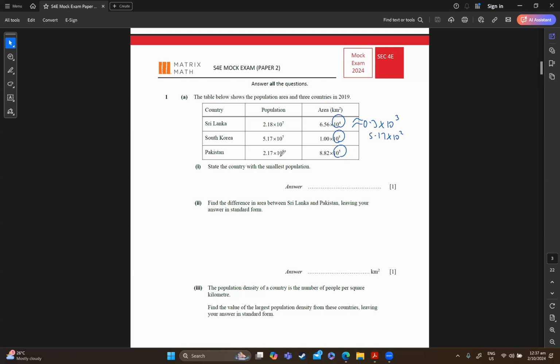And this one here, 2 over 8, so roughly about 0.4. Then 10.8 over 10 to the power 5 is 10 to the power 3. So when you do the adjustment, you will realize that this number here has the largest population density. So it's 5.17 times 10 to the power of 2.